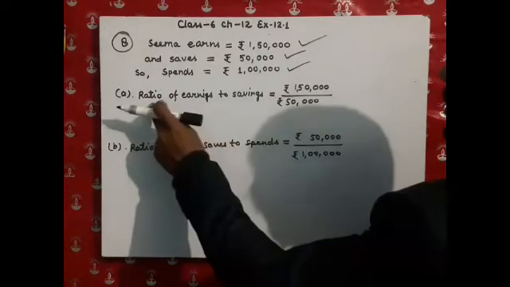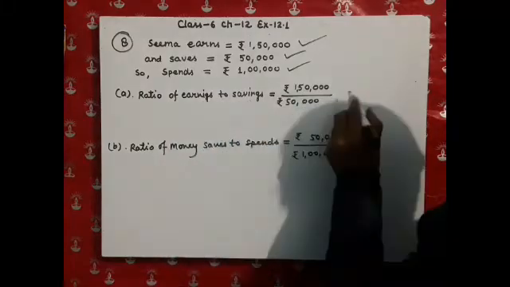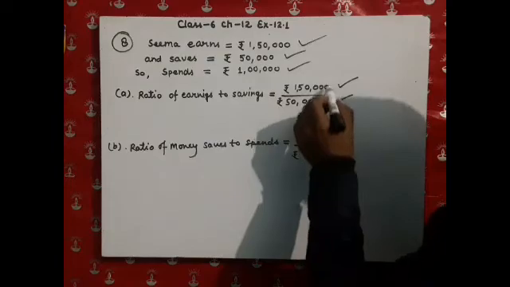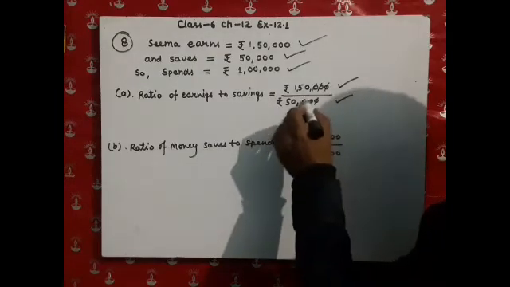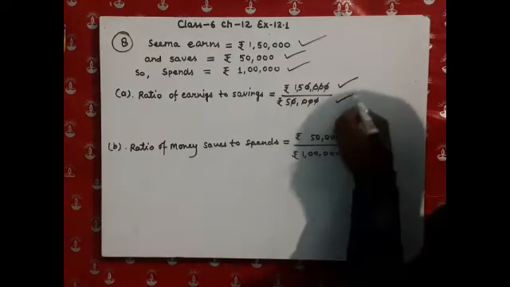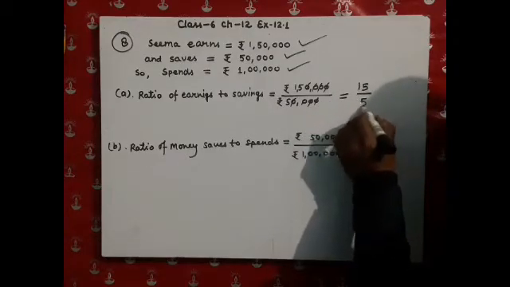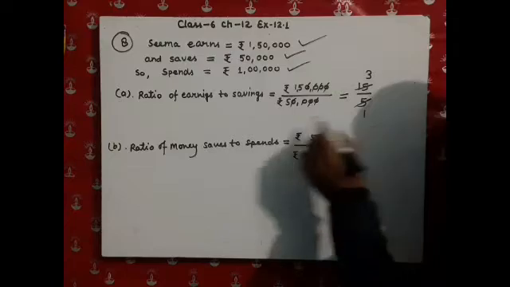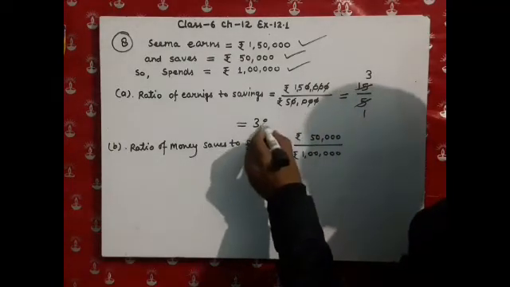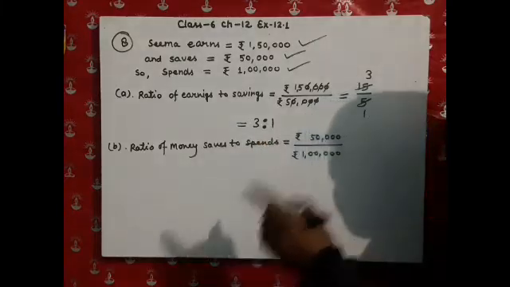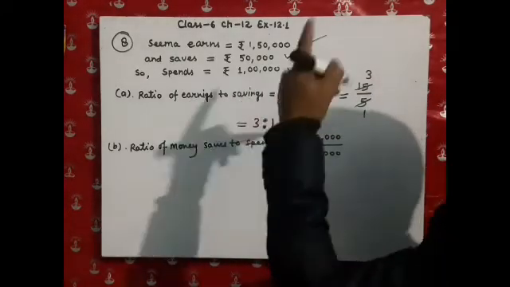So what is the ratio? Ratio of earning to the saving. So earning is 1,50,000, saving is 50,000. So here we are going to reduce the zeros, 4 zeros reduce. Now it becomes 15/5. 5 1s are 5, 5 3s are 15. So ratio becomes 3:1. This is the ratio of the earning to the saving.